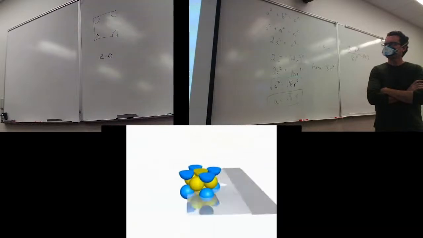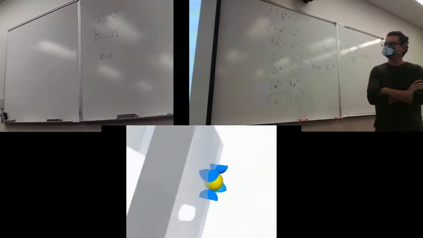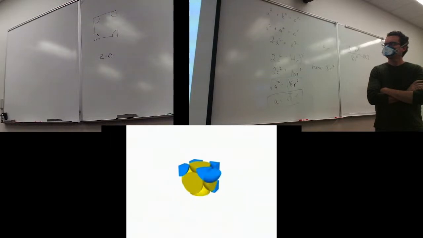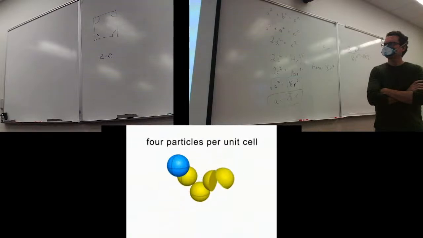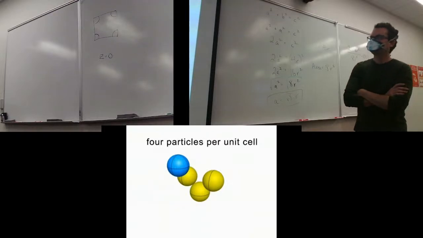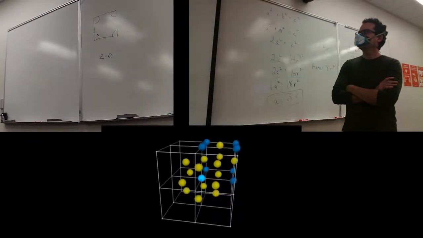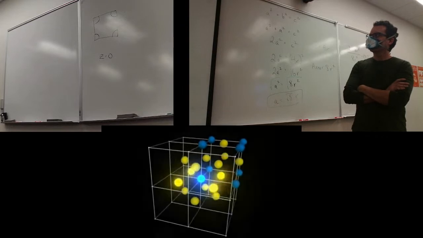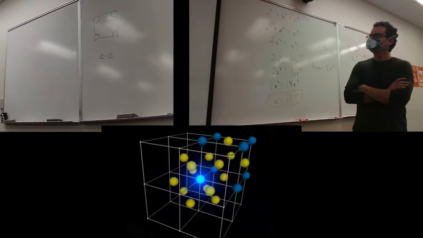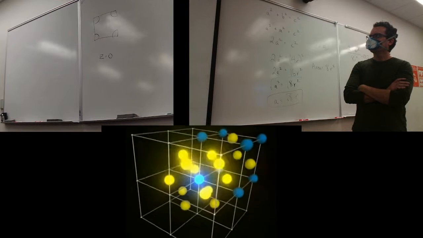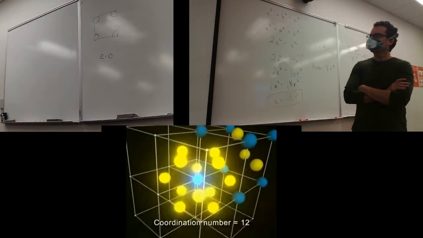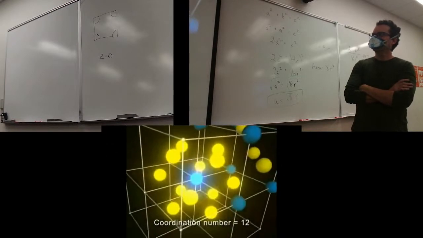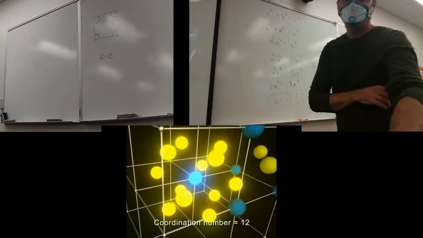The actual unit cell consists of portions of particles at the corners and in the faces. 8/8ths at the corners gives 1 particle, and half a particle in each of 6 faces gives 3 more, for a total of 4 particles. In this tiny portion of a face-centered cubic array, notice that a given particle has 4 nearest neighbors around it, 4 more above, and 4 more below, for a total of 12 nearest neighbors.